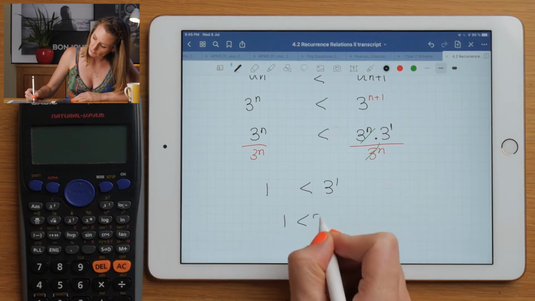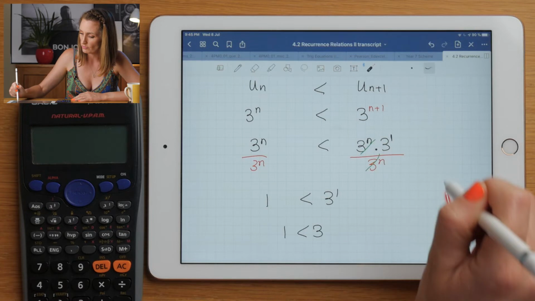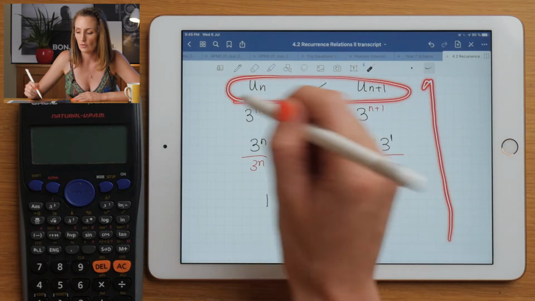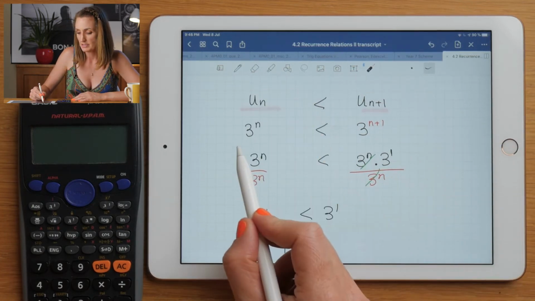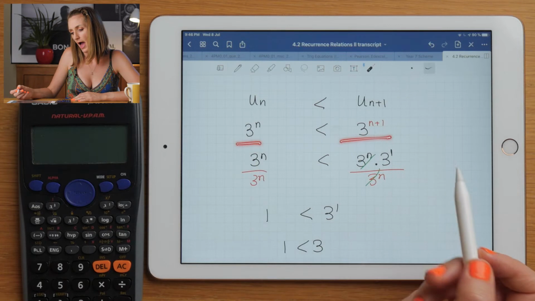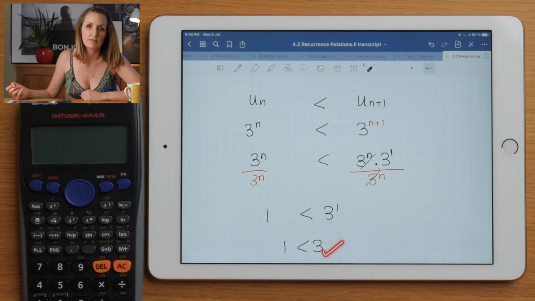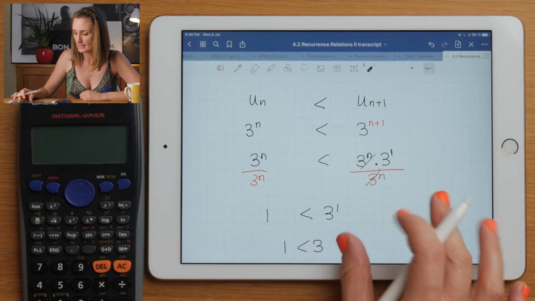And we know it's true that 3 is always bigger than 1. So if this is true, then we can follow the logic all the way back up, and it must mean that this is true. So we've proved that this sequence is increasing by substituting in the formulas and then simplifying them down algebraically to something that has to be true, right? 3 has to be bigger than 1. Otherwise, it doesn't make any sense.